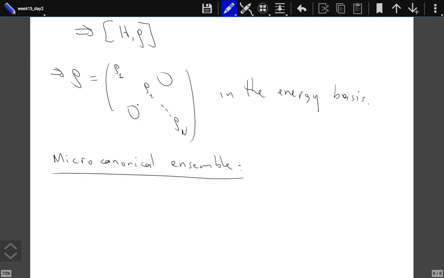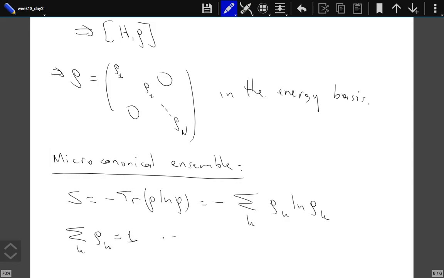Rho is diagonal, that is one thing. S, this is what we should maximize, is minus the trace of rho logarithm of rho, which is minus sum over k rho k logarithm of rho k. So we should find the numbers rho k that will maximize this quantity with the constraint that sum over k rho k is equal to 1. This is our constraint, and that's basically the only constraint we have.